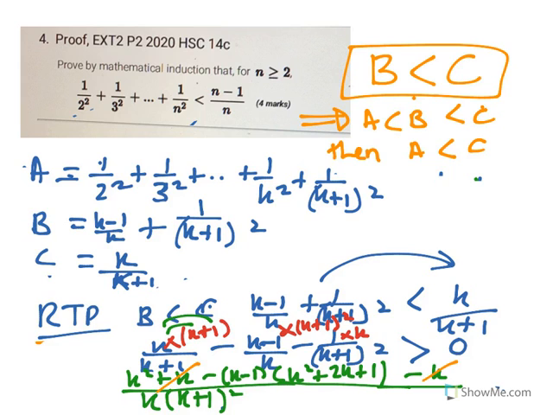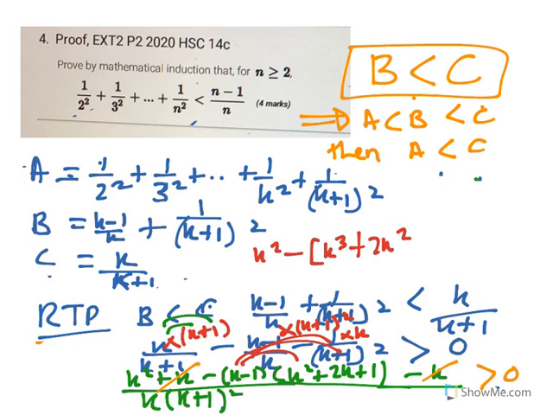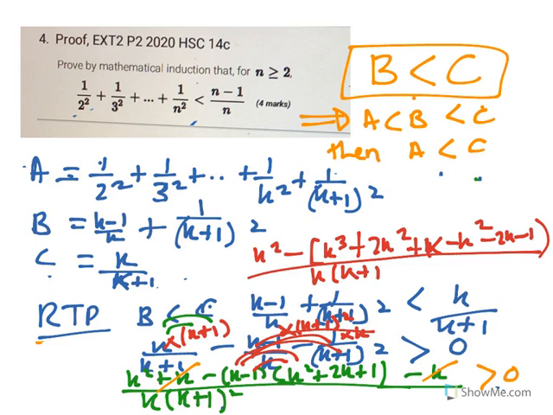I've got to expand the top line of that bracket, and then I'm just showing that this is positive. So expanding that top line, k squared minus, now we go k cubed, that's to there, plus 2k squared plus k, and then minus k squared minus 2k minus 1. That is all over k plus 1 squared.